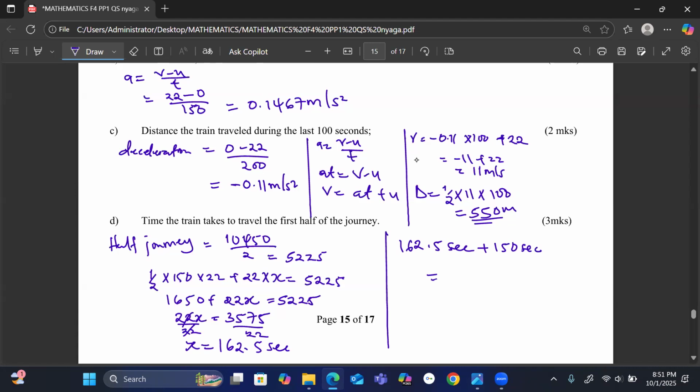So the total time taken is going to be 312.5 seconds. So that one is the final answer for that. And that one now brings us to the end of section 2 of this paper.